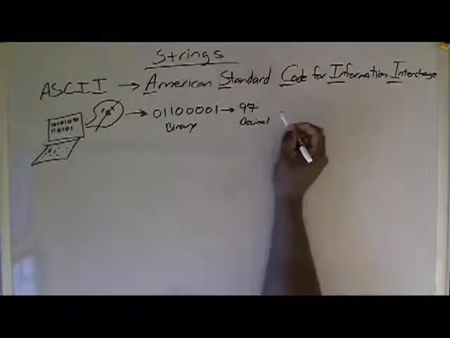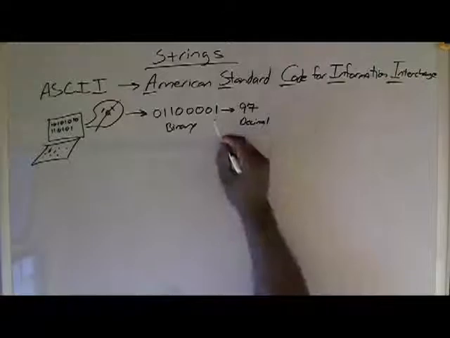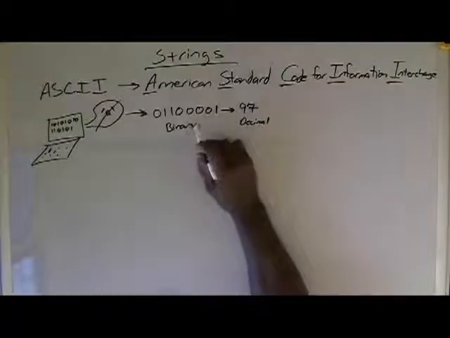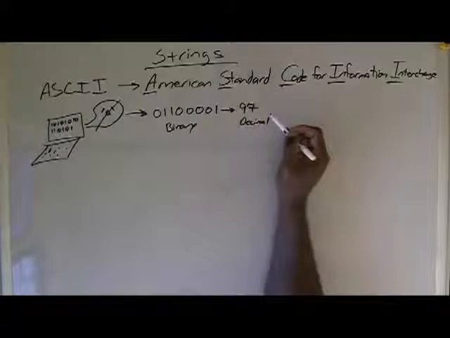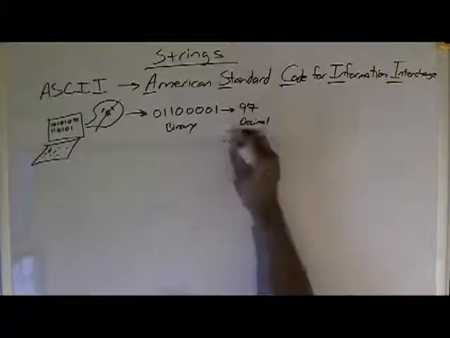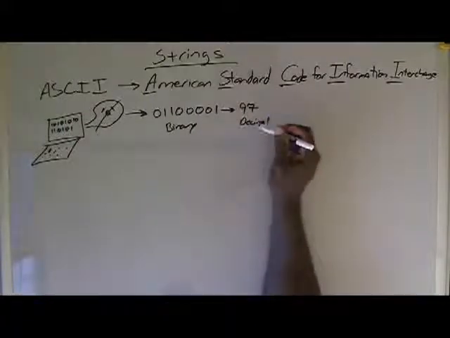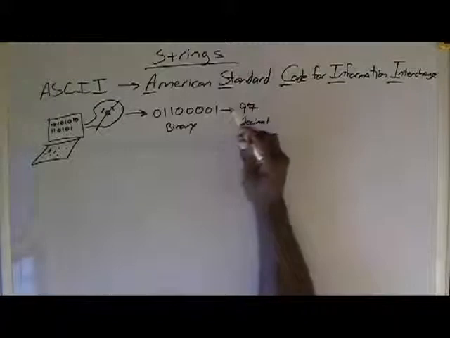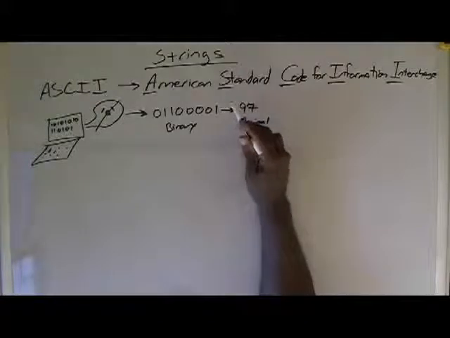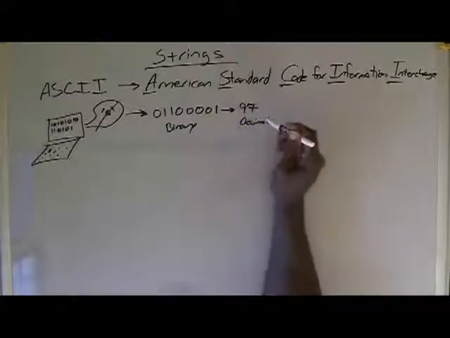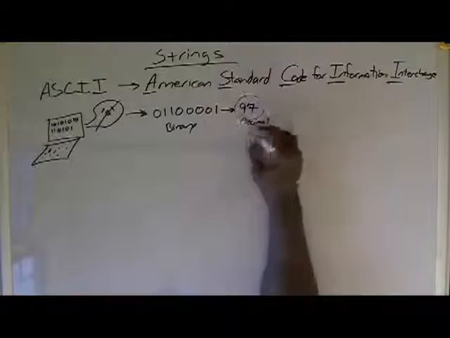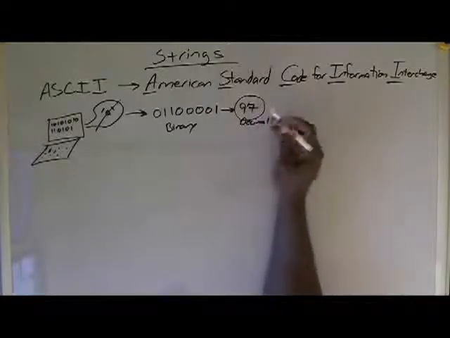Since we're humans, we don't think and operate in binary. The computer does. We operate in decimal. If you look at any ASCII table, which I'll show you on the next segment of the video, most of them have a binary representation. They also have an octal representation, and they also have a decimal representation. The decimal is the one we're going to deal with because that's how we usually count.